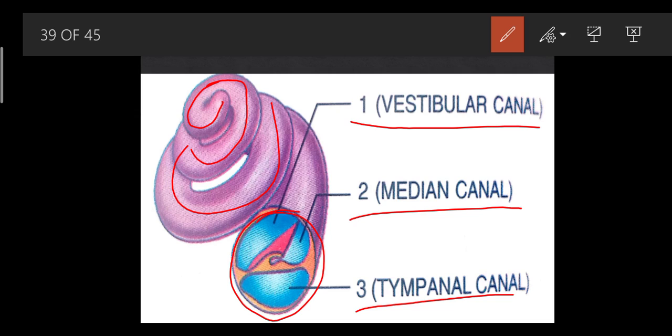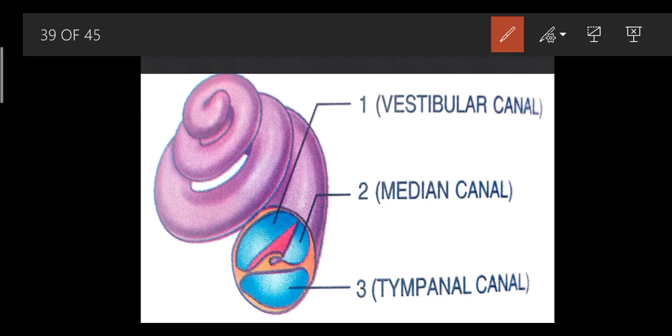In this vestibular canal and tympanal canal, there is a fluid present, and the name is very important. This is called the perilymph. The fluid which is present in the first and the third one is called the perilymph.